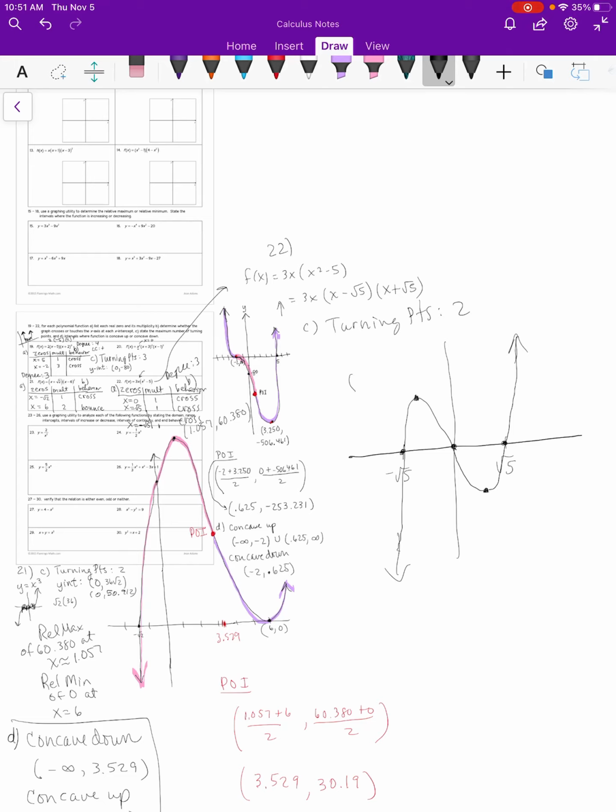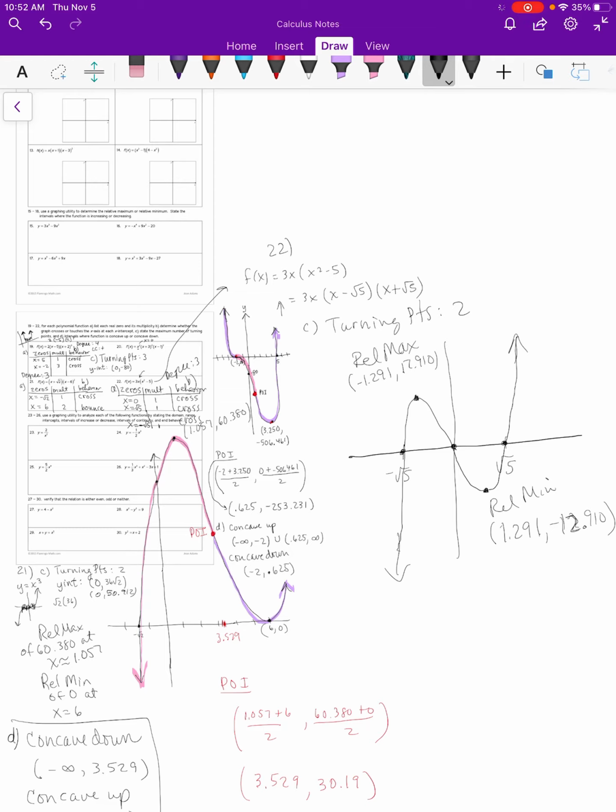But let's go ahead and calculate it. If you calculated your max here, so we've got a relative max at negative 1.291, comma 12.910, and a relative min at 1.291, comma negative 12.910. So it's very symmetrical.